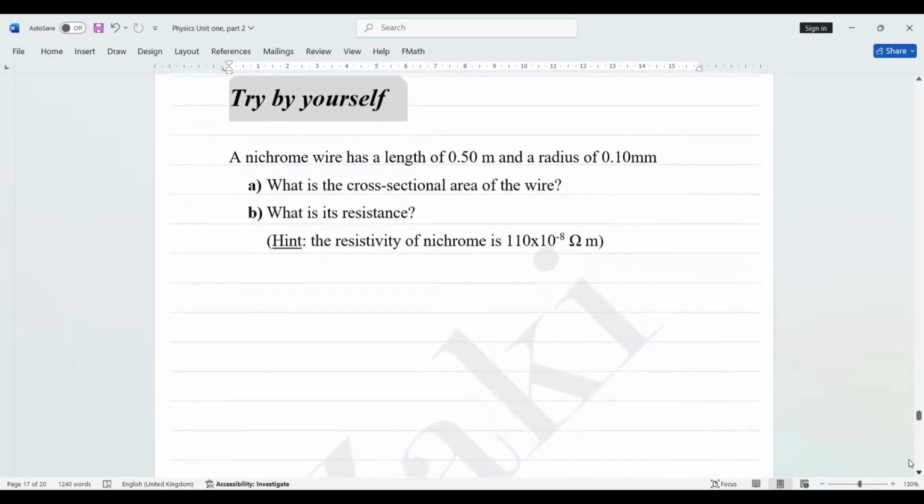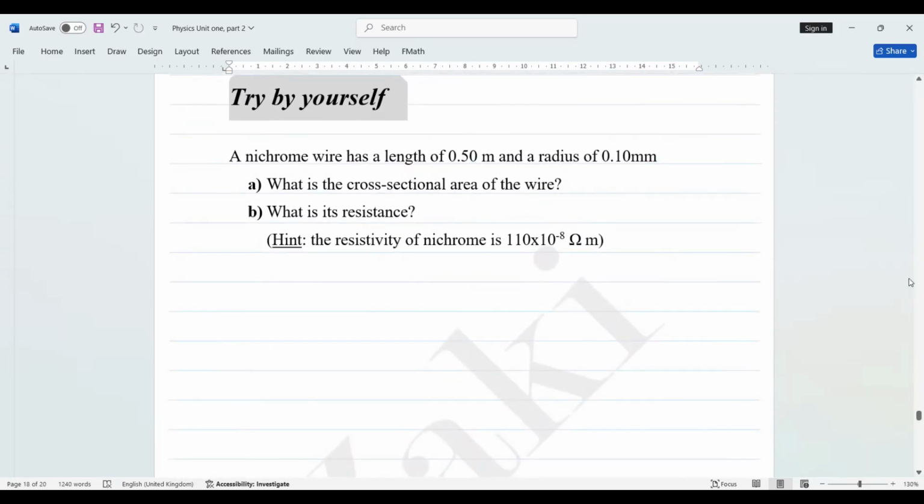Now try to solve this question. Okay, let us check. A nichrome wire has length L equals 0.5 meter and radius r equals 0.1 millimeter. We have to convert to meter: 0.1 times 10 to the power negative 3 meter. What is the cross-section area?